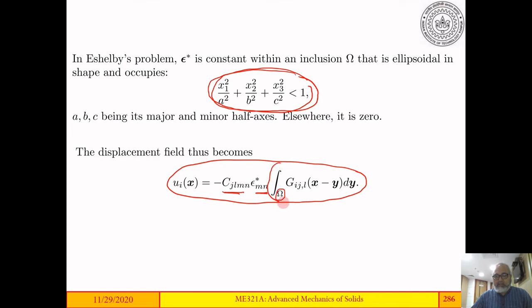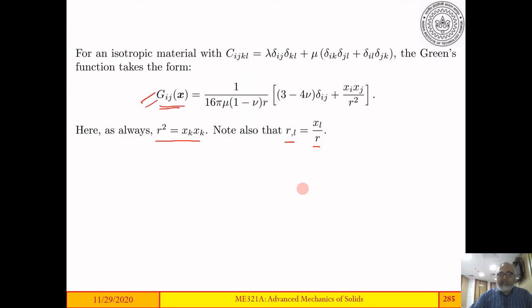So this is the only part of the integral that you need to evaluate over this domain omega, where Gij for isotropic cases is given by this expression. So you have to take its derivative with respect to xl, and then perform the integration.